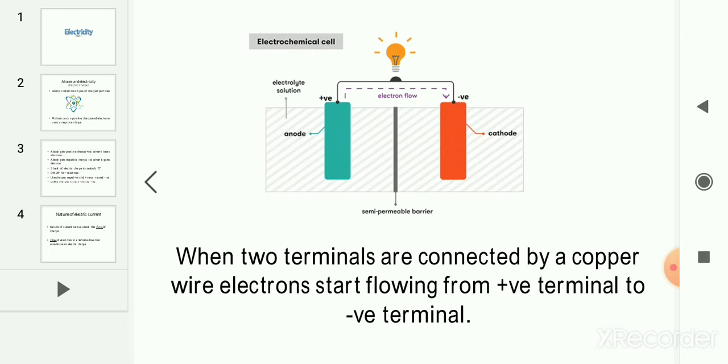When these two terminals are connected by a copper wire, electrons start flowing from the anode to the cathode, and you can see the flow of charge.